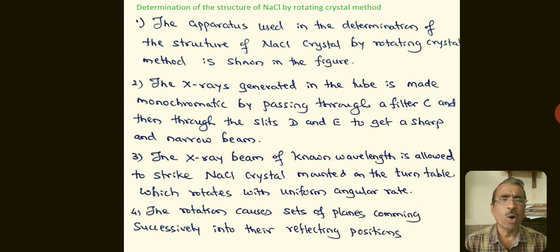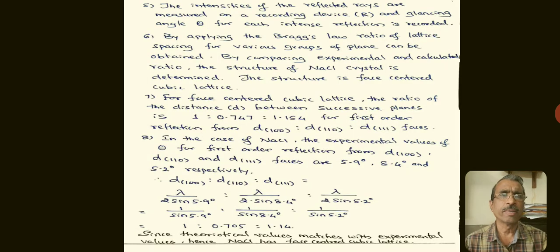The X-ray beam of known wavelength is allowed to strike the sodium chloride crystal mounted on the turntable, which rotates with uniform angular rate. The rotation causes sets of planes to come successively into their reflecting positions.